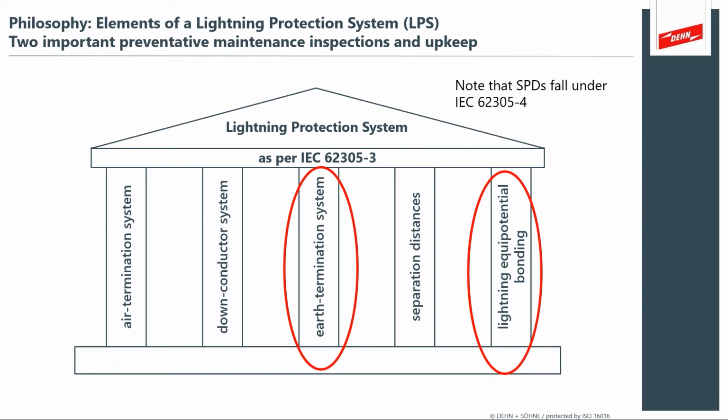But on a daily basis, and a normal preventative maintenance program, an operator can inspect and upkeep both their earth termination system and the lightning equipotential bonding. And just to note that SPDs fall under the IEC 62305-4 recommendations. And again, what's important is that these are the aspects that an operator can maintain, inspect, and upkeep.